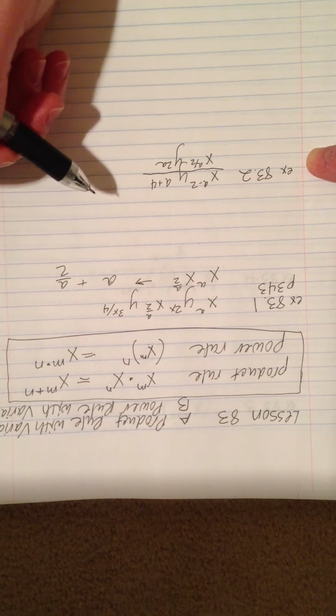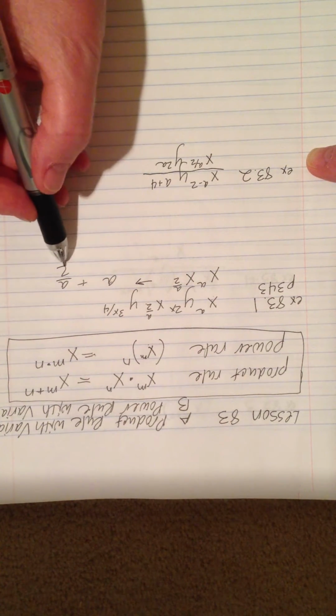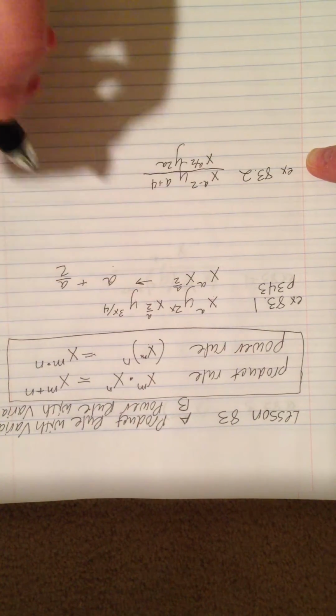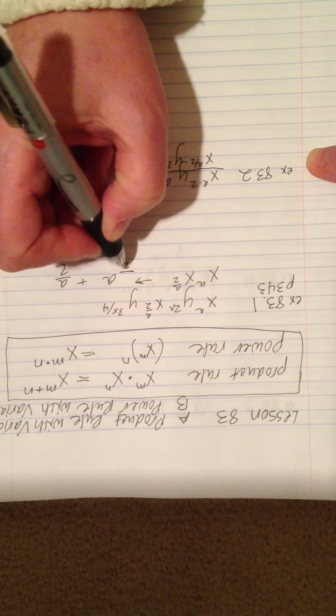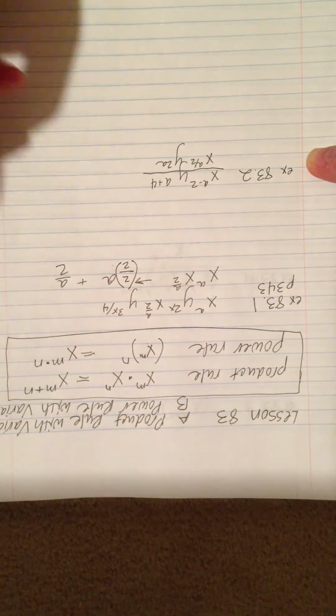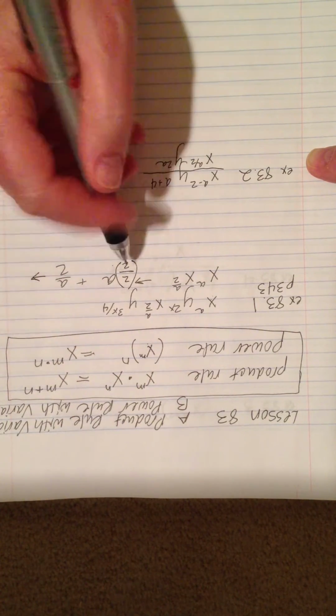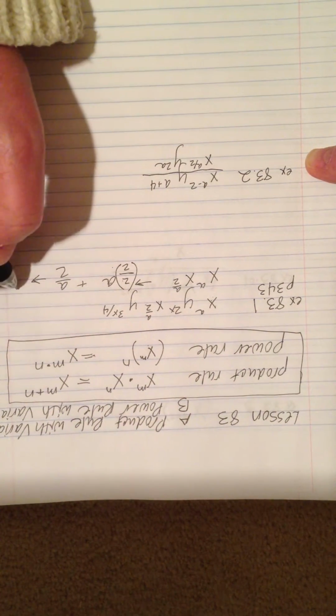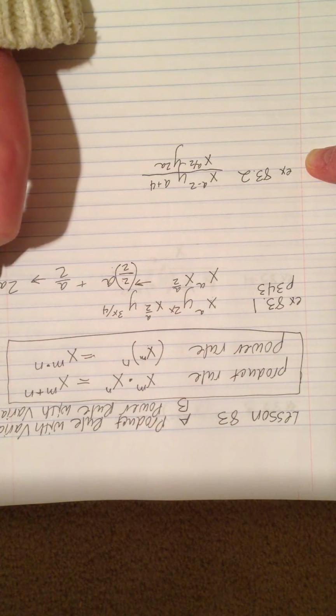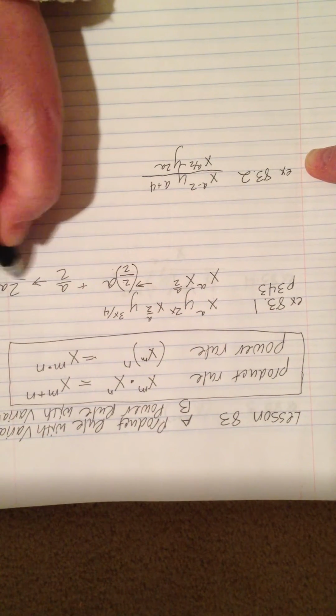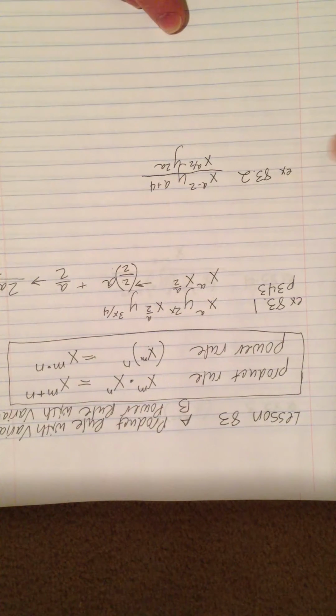Well, they have to have matching denominators, like always. So we're going to have to get this one set up with a 2 on the bottom. If we want a 2 on the bottom, then we need a 2 on the top. So we'll multiply 2 over 2. And that will lead us to having 2a plus a over 2. Does that make sense? We just added those two together.